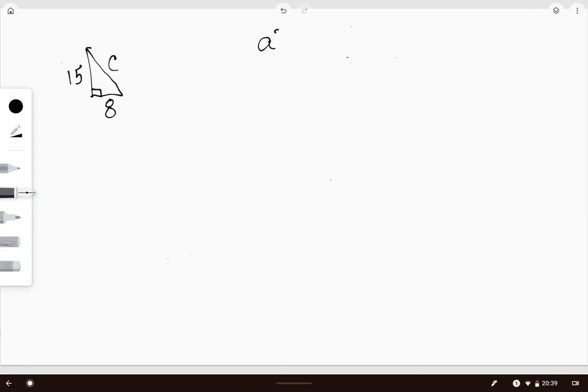So again, I have a squared plus b squared equals c squared. So I'm simply going to substitute the numbers that I already know. So my a value will be 15 squared plus the b value, which is 8 squared. And all of that equals c squared.